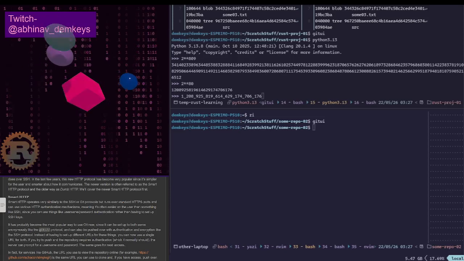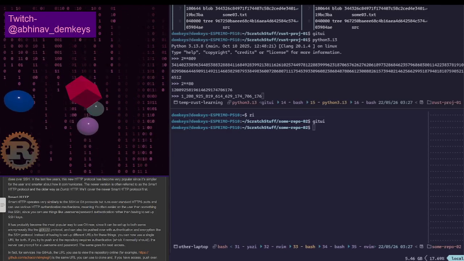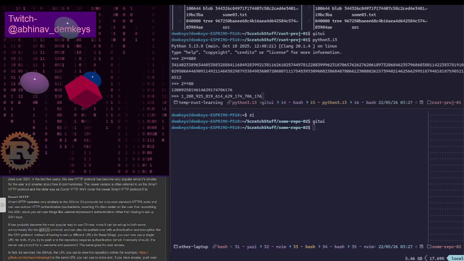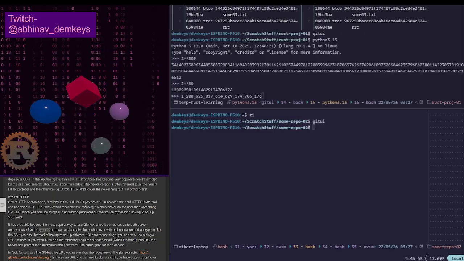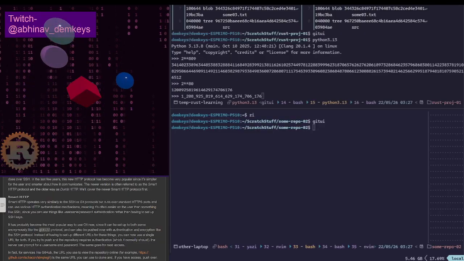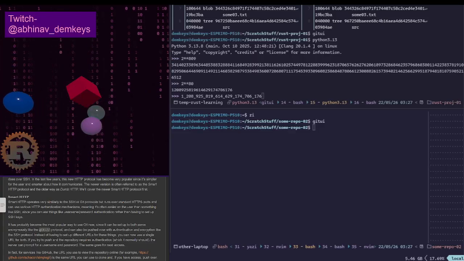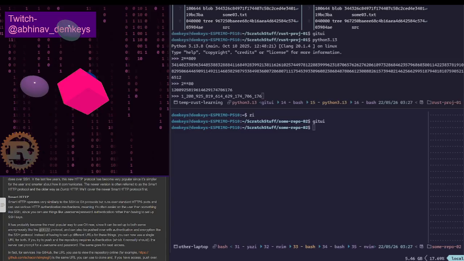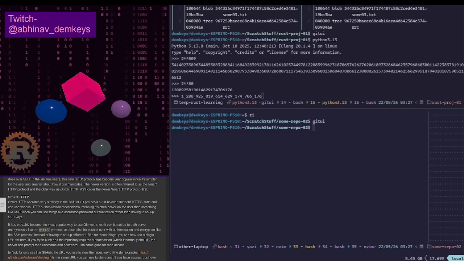So hold on, I'm mixing up my words. Okay. I don't think they're going to allow me to use SSH unless I set that thing up.